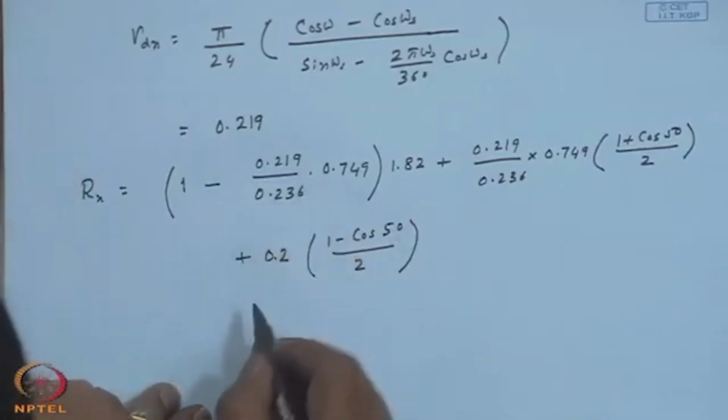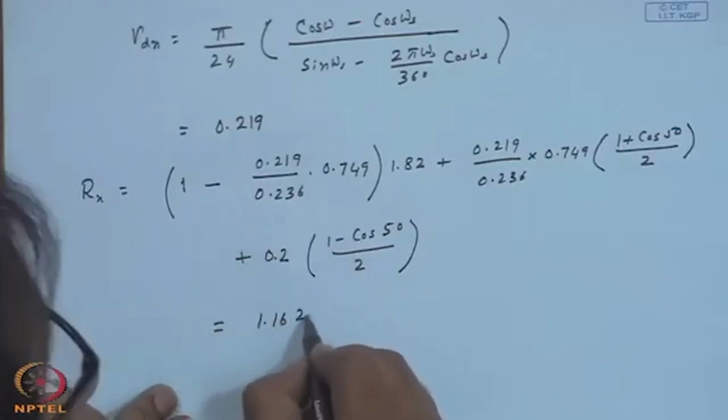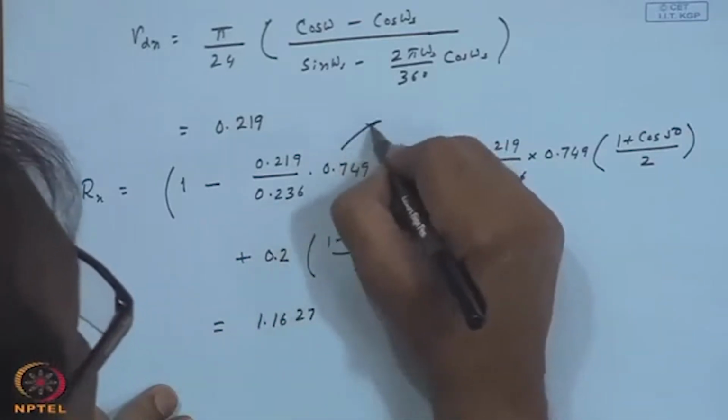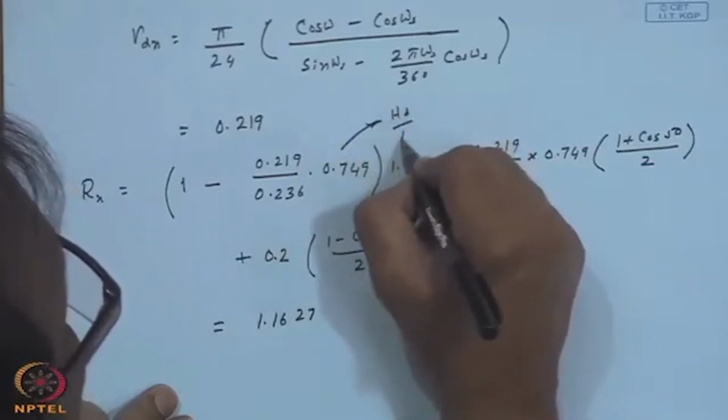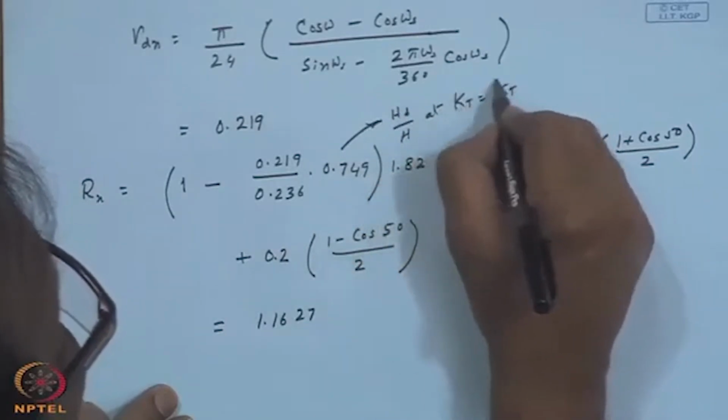Let me finish, I will explain. I am sure you have a doubt. 1.1627. This is h d by h at k t equal to numerically k t bar.